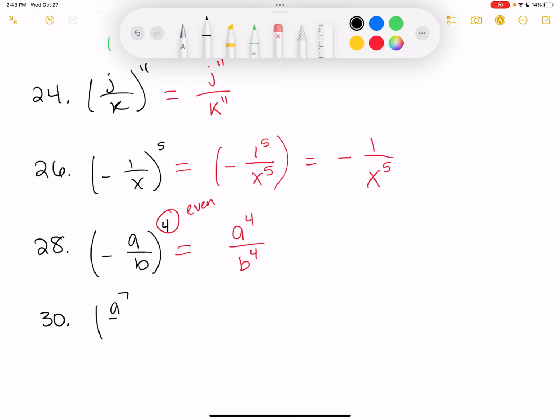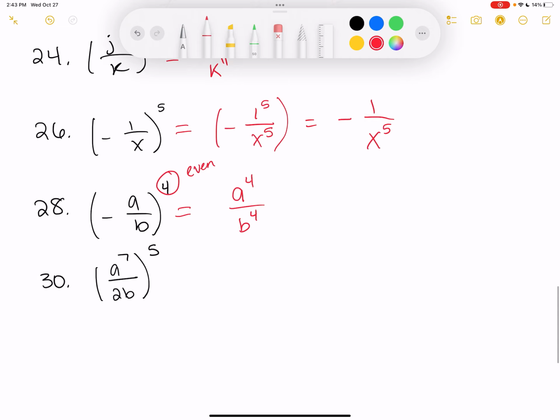A to the 7 over 2b, all raised to the 5th. This one's a little different. What do you think I do with this one? There's a 7 and a 5. That part is a rule that we looked at yesterday. I'm going to multiply them, so on top it's a to the 7 times 5. What about the bottom?